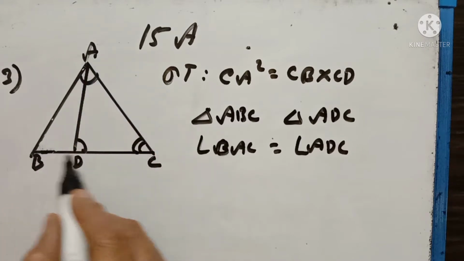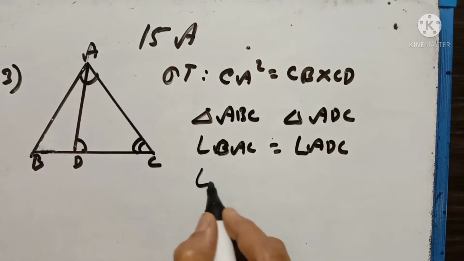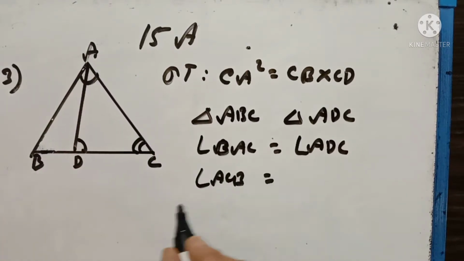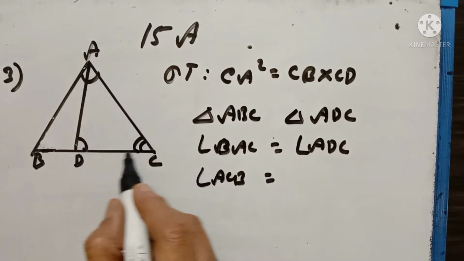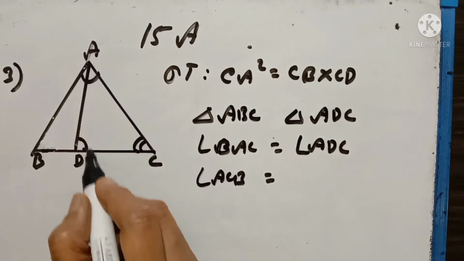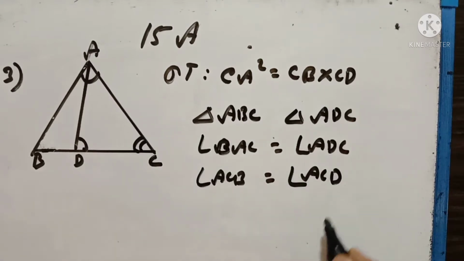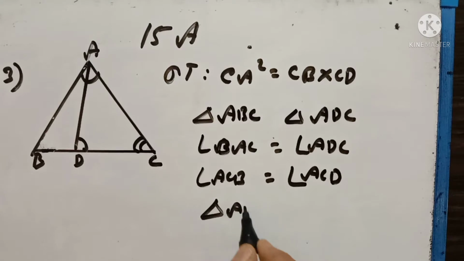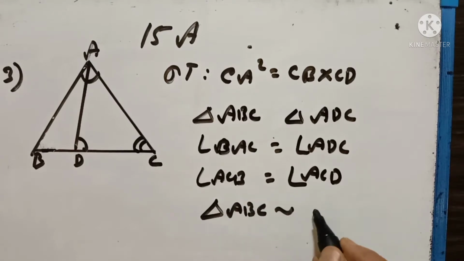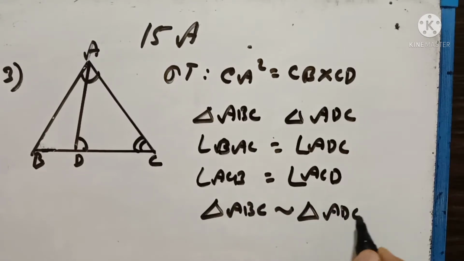So for triangle ABC, it is angle ACB. For triangle ADC, it is angle ACD. Therefore, triangle ABC is similar to triangle ADC.